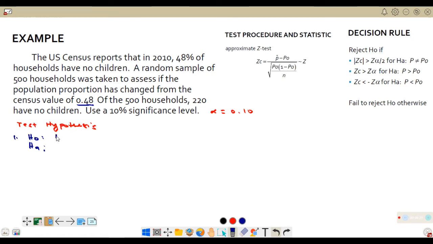So, we have to check if the true proportion of the population is different from 0.48. Kasi ang nakalagay dito ay a random sample of 500 households was taken to assess if the population proportion has changed. Pero wala siyang direksyon na sinabi. Hindi sinabi kung greater than 0.48 or less than 0.48 na siya.